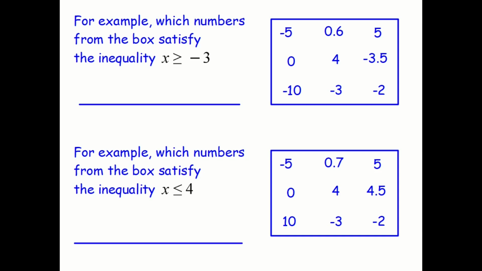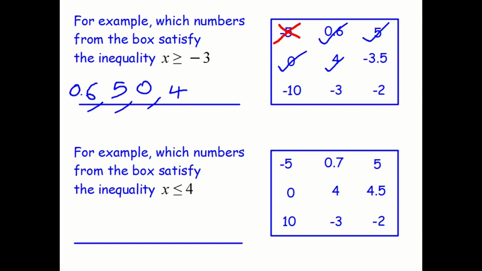Well, which numbers satisfy that? Greater than or equal to minus 3. Well, minus 5 is less than minus 3. 0.6, yeah, that is greater than or equal to minus 3. So I can put 0.6 on my line. 5 is greater than or equal to minus 3. 0 is greater than or equal to minus 3. 4 is greater than or equal to minus 3.